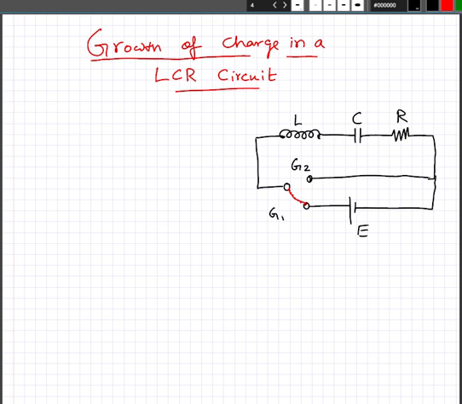As shown here, initially we connect the circuit to a battery E, and then you have the circuit complete and current starts increasing in the circuit. So you have L, what is L? You can write. What is C? You can write. What is R? It's a resistor. E is the battery in the circuit, and all in series.